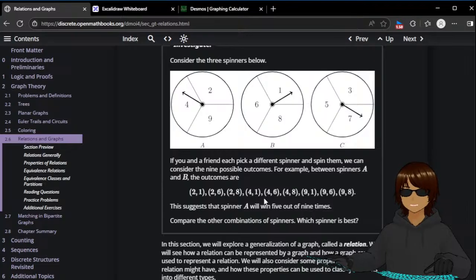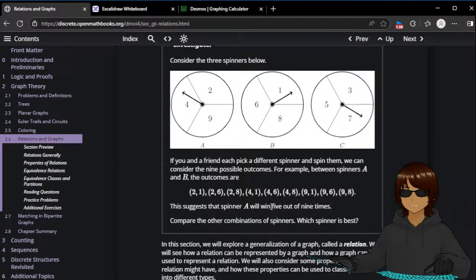Between spinners A and B, the outcomes are 2,1; 2,6; 2,8; 4,1; 4,6; 4,8; 9,1; 9,6; 9,8. This suggests that spinner A will win 5 out of 9 times.